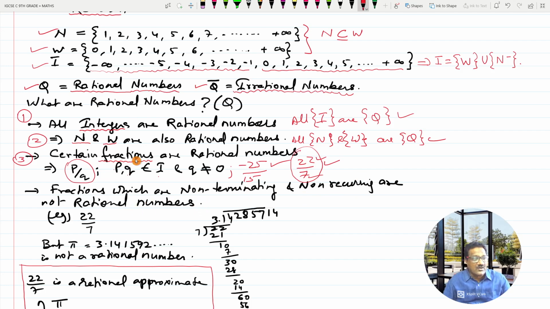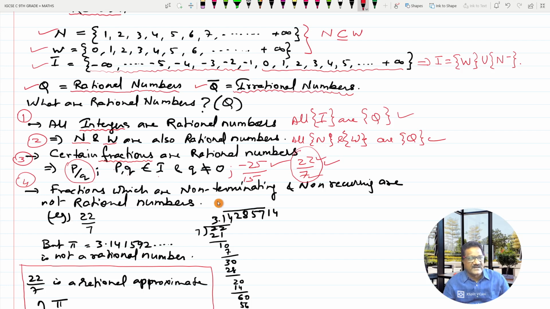So certain fractions are rational numbers, I told you. Then the question comes to your mind, which are the fractions which are not rational numbers? So immediately I have given the answer in the fourth point. The fractions which are non-terminating and non-recurring are not rationals.